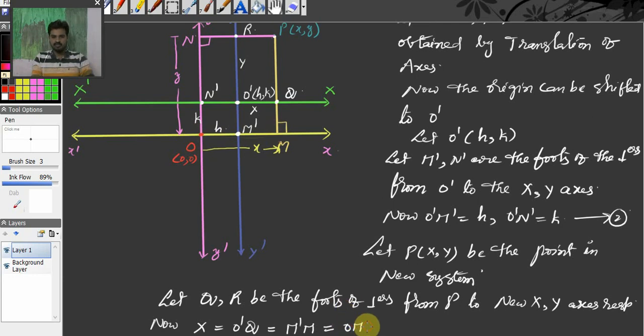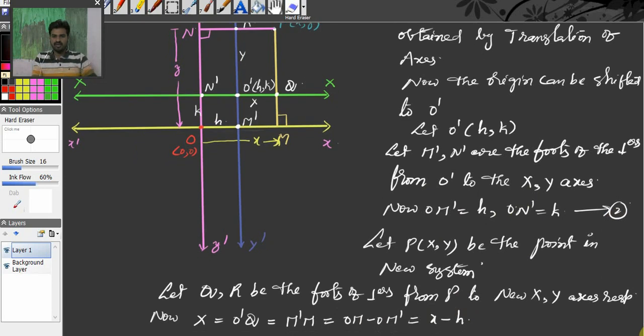From equation 1, OM in the figure is the distance X, minus OM dash is the distance H. Sorry, already we have taken O dash M dash, O dash N dash; this is not that, this is OM dash and ON dash. So this is X minus H.